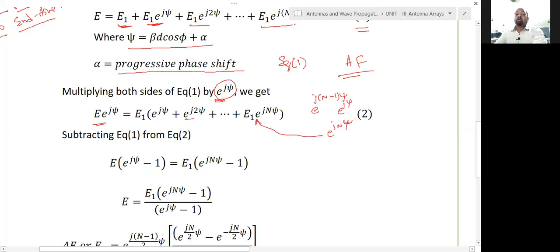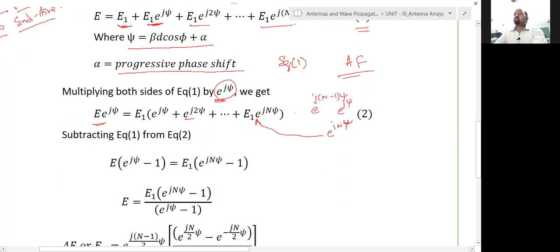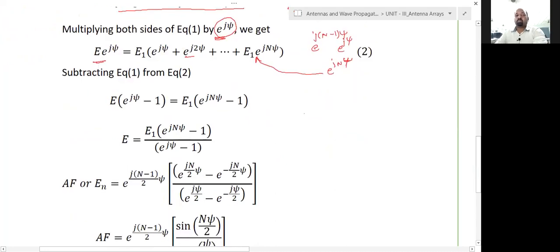So now we have two equations, equation 1 and equation 2. Simplifying equations 1 and 2, we can get the array factor. In what way can we simplify? This is one way: subtracting equation 1 from equation 2.